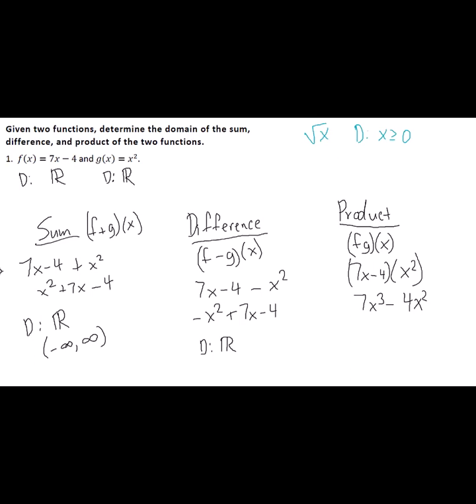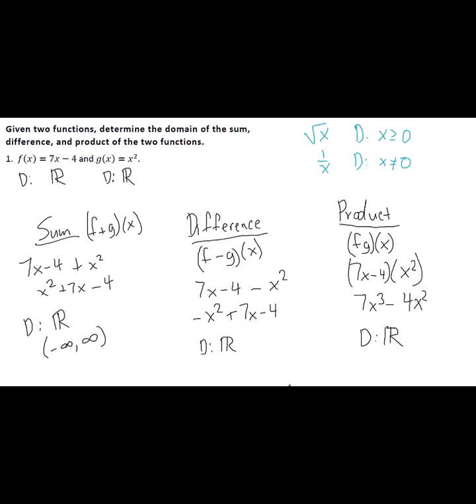Or if you have a rational function, your domain will be x cannot equal 0. So if you ever get a square root, put it greater than or equal to 0. If you ever get an x in the denominator, if this is like x plus 3, then just set that denominator equal to 0. So this is cubic, so the domain is all real numbers.